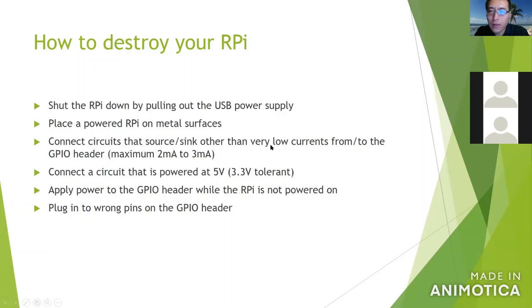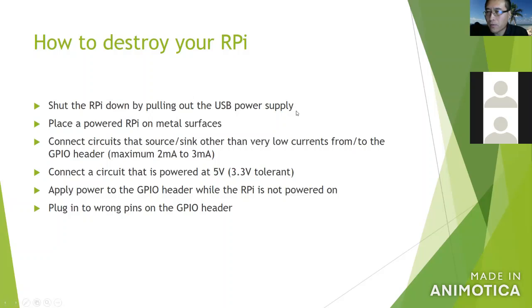How to destroy a Raspberry Pi? That's very interesting, right? You don't want to destroy your Raspberry Pi. So this covers things that you want to avoid when using a Raspberry Pi. You want to avoid shutting the Raspberry Pi down by pulling out the USB power supply.